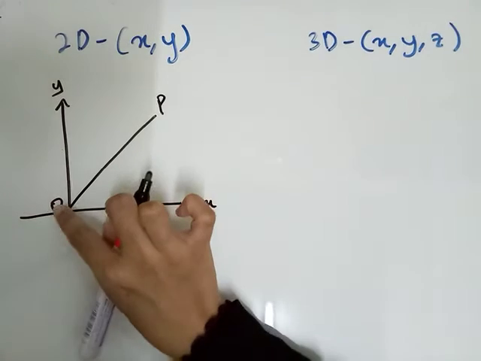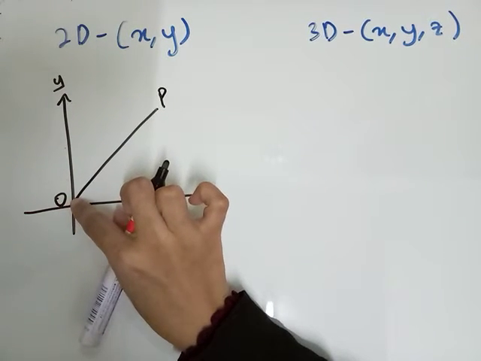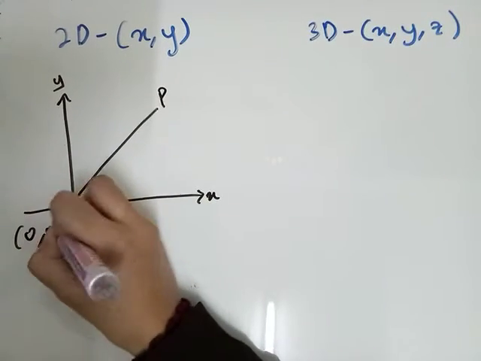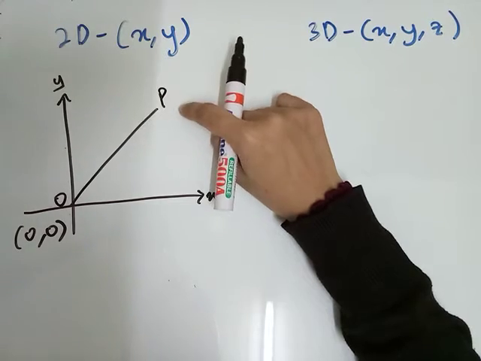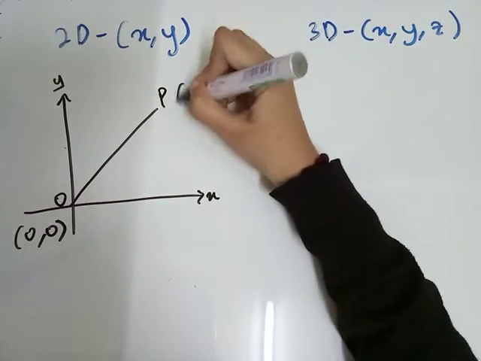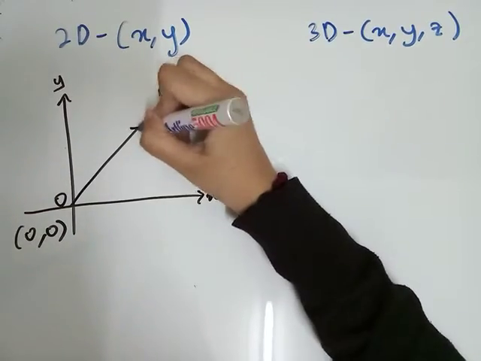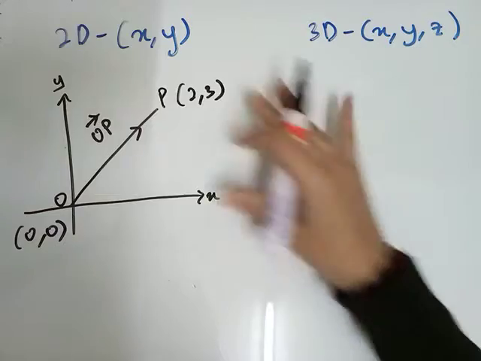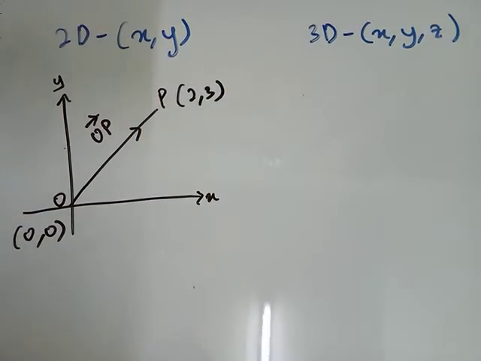So we know that point O is from the origin, so the coordinates for O is 0, 0. And coordinates for P, let's say I put 2, 3. Okay, and we have a vector OP. Okay, this is 2 dimension. How about 3 dimension?